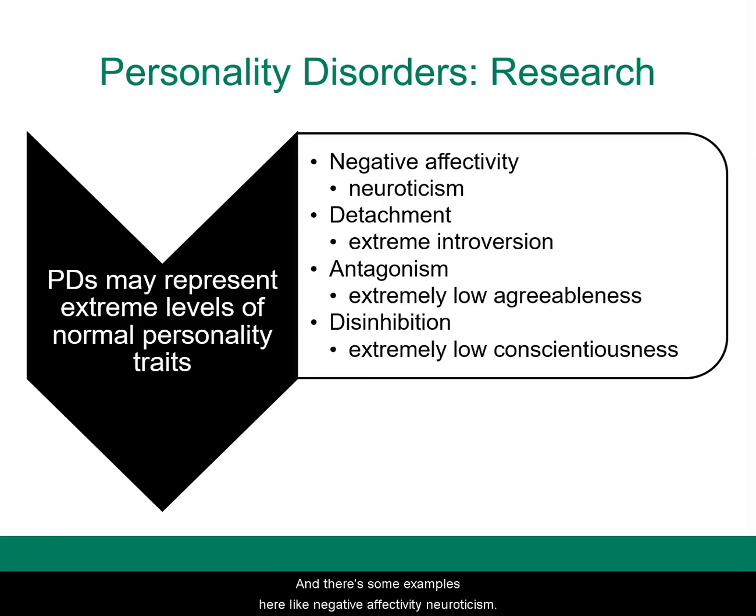And there are some examples here, like negative affectivity, neuroticism, right? Detachment, extreme introversion, antagonism, extremely low agreeableness, disinhibition, extremely low conscientiousness. Okay.